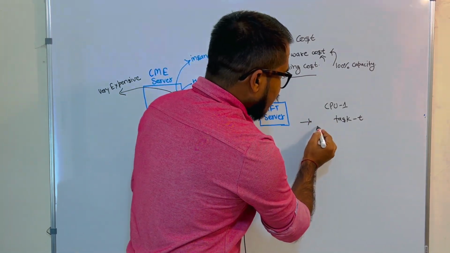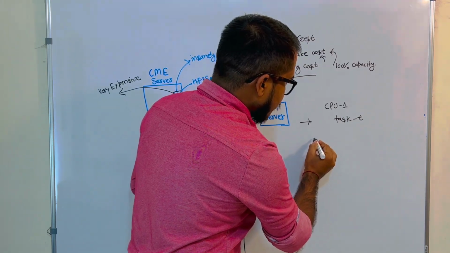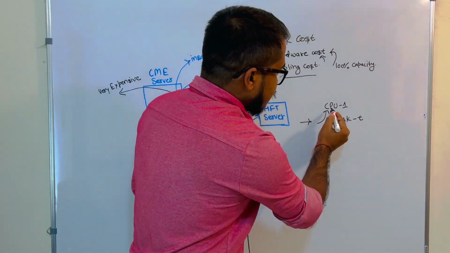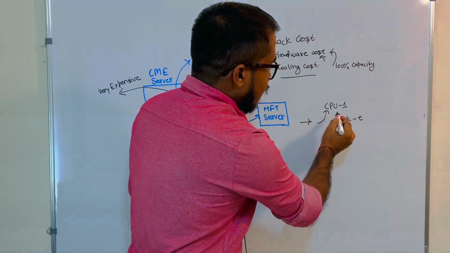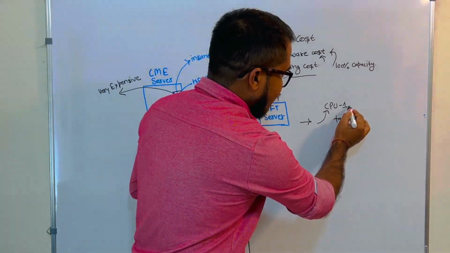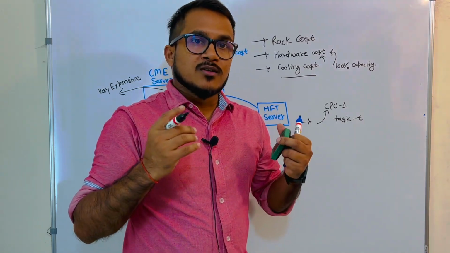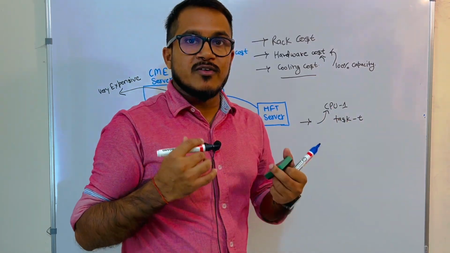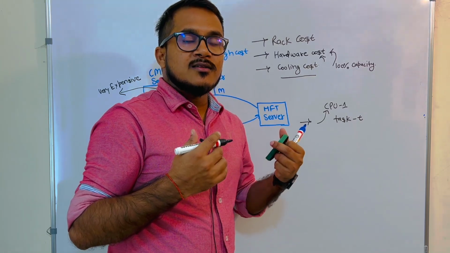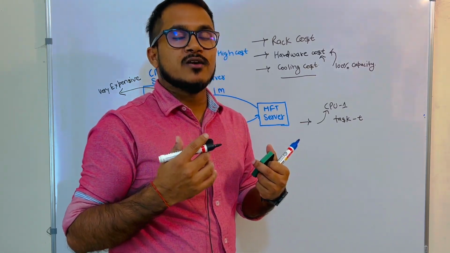So that call will go to CPU, and then CPU will start, and then this particular task will get assigned to this CPU, and then task will get performed. So this entire process will take some time, and this will hamper the profitability of the firm.